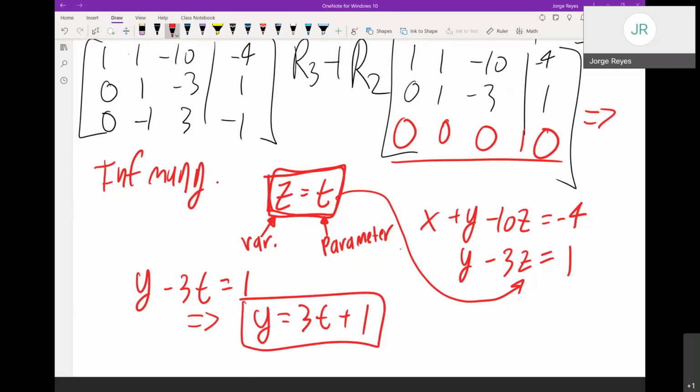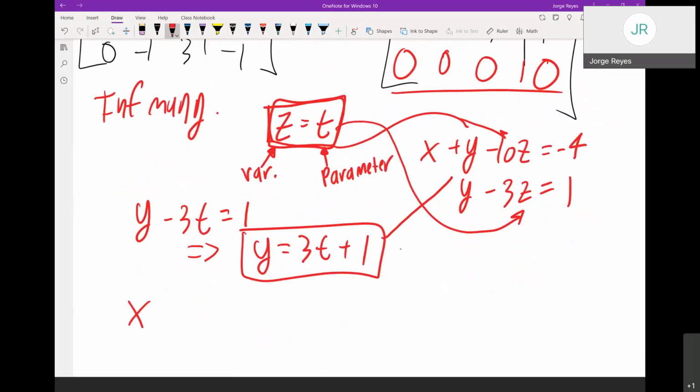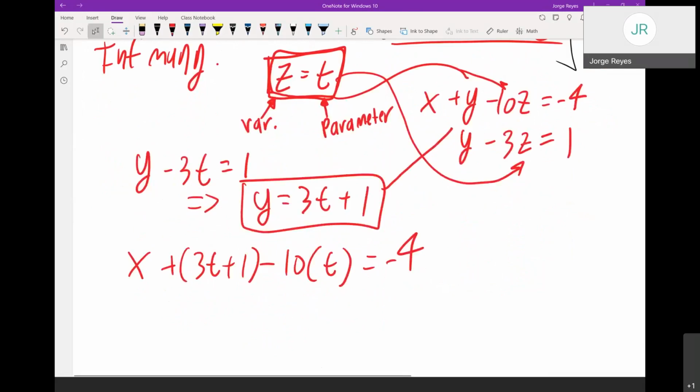And I figured out Y. And then I can plug both of these in and get an answer. X plus 3T plus 1 minus 10T equals -4. You solve this, so X minus 7T plus 1 equals -4. X equals 7T minus 5.